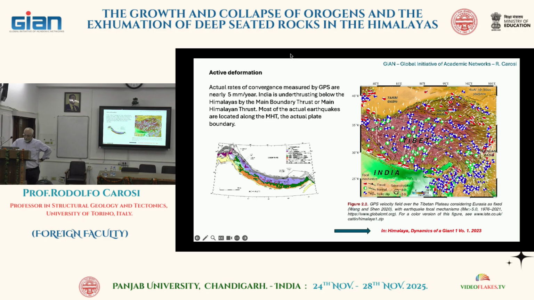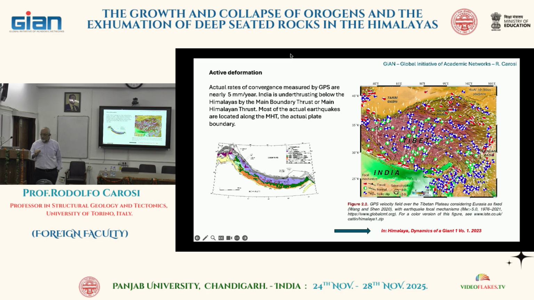And so you have active faults, as Mahesh showed very nicely yesterday. You can see here a picture showing earthquakes and velocity of deformation by GPS. And this picture is from a book, Himalaya: Dynamics of a Giant, edited by Epard and Catin, two French geologists.